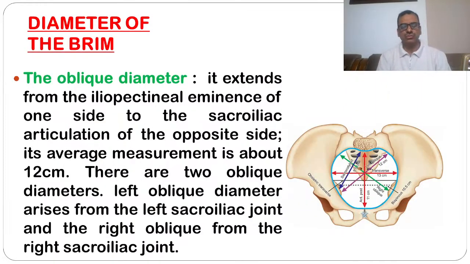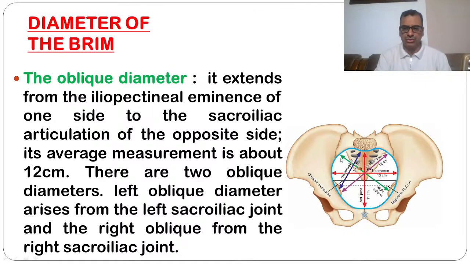Then we come to the oblique diameters. Oblique diameters extend from the iliopectineal eminence, so this is the iliopectineal eminence, up to the sacroiliac joint.